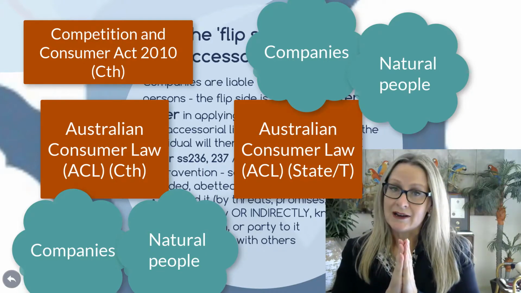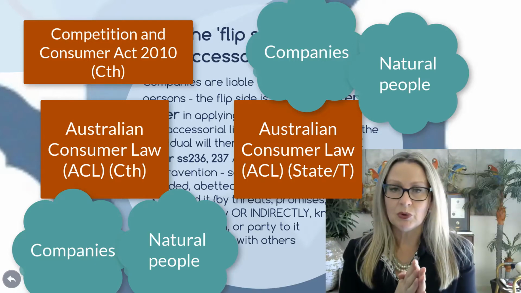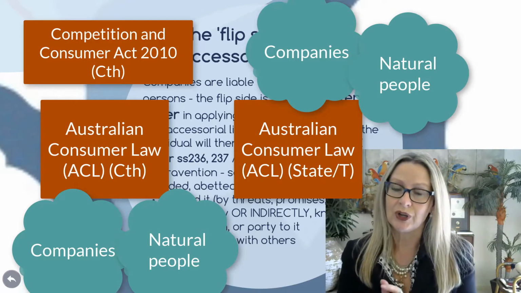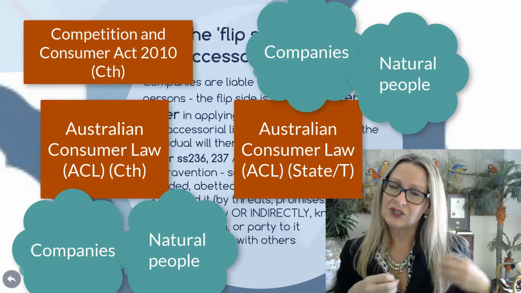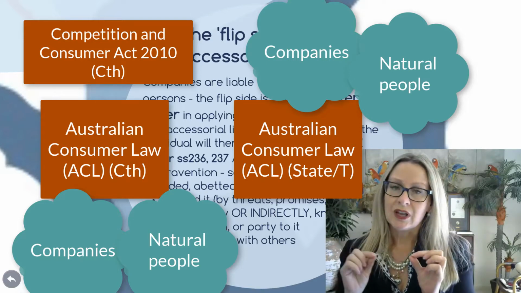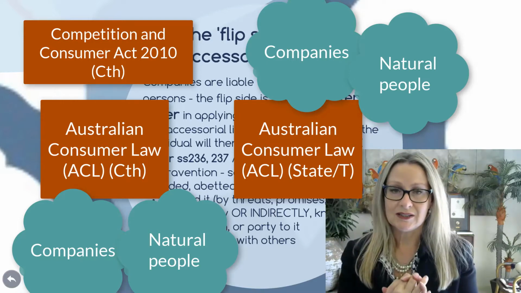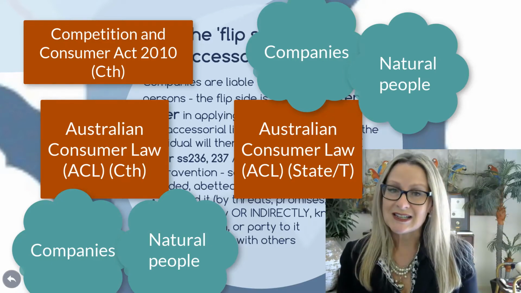We know now that companies are liable because of the conduct of their people, their directors, servants, agents, employees. And we also now know that if you cause a company, or anyone else for that matter, to engage in a breach of the ACL, then you might find yourself liable as an accessory.